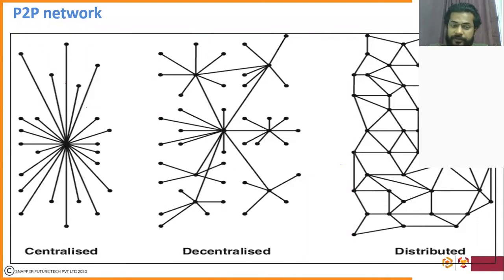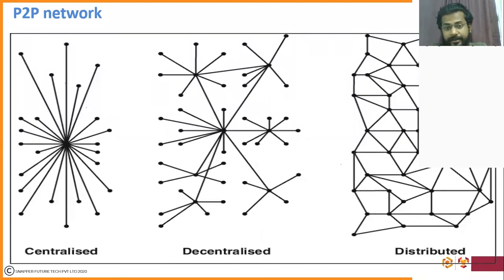Now the question: all along I've been stating that it is decentralized, and now I'm saying it is distributed. It's simple. Logically, it is decentralized because it doesn't have any kind of central entity sitting in between. There is no authority in between. That's the reason in general English we say that it is a decentralized network.